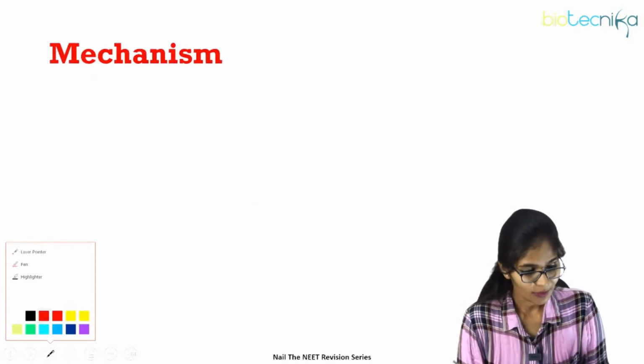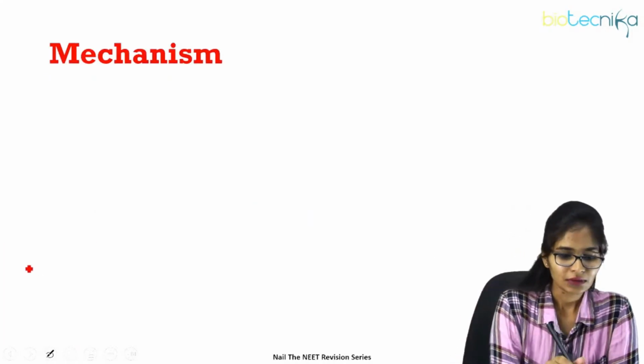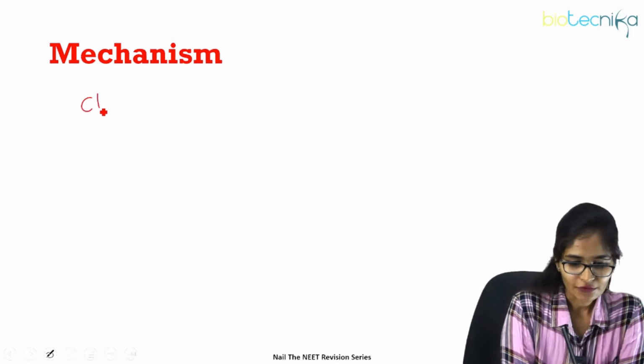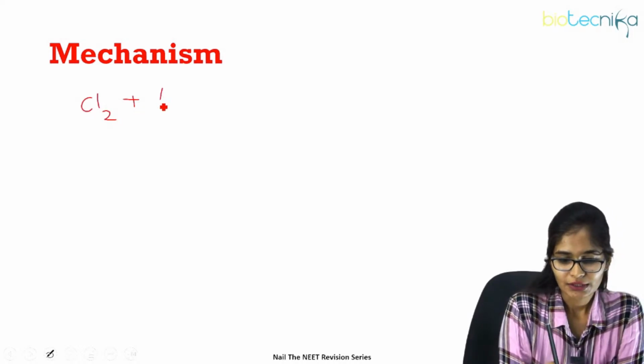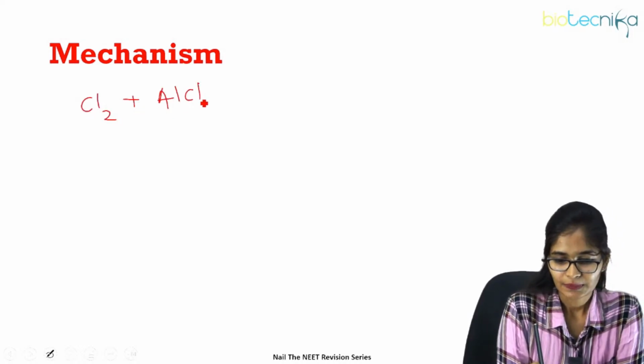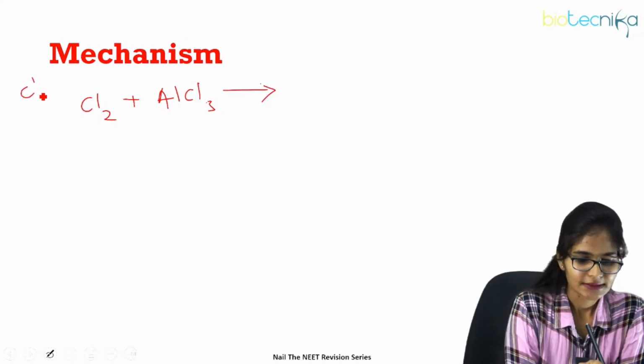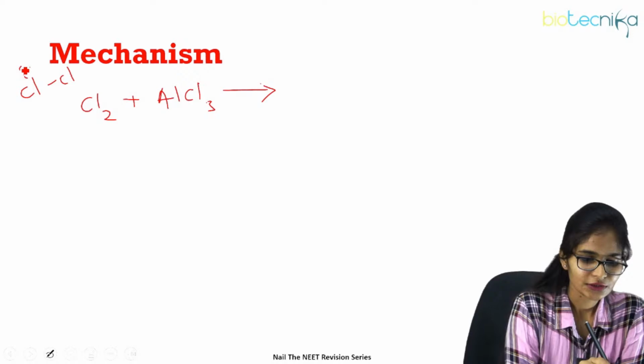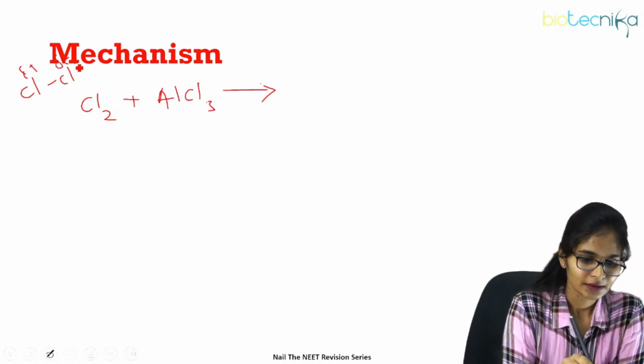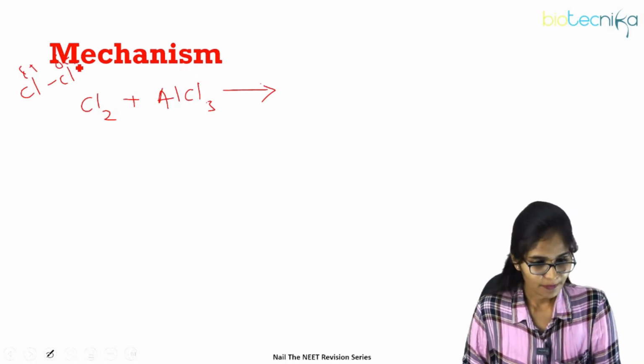Now coming to the mechanism part. Firstly you have Cl2 and you are treating it with AlCl3, right? Cl2 you can split like this: a partial positive part and a partial negative part.